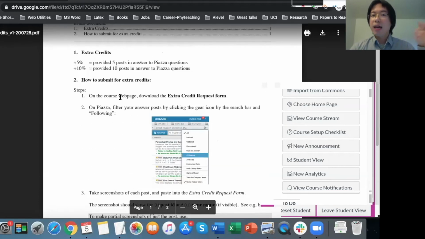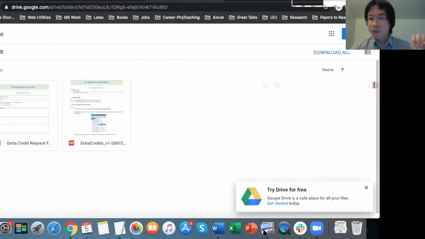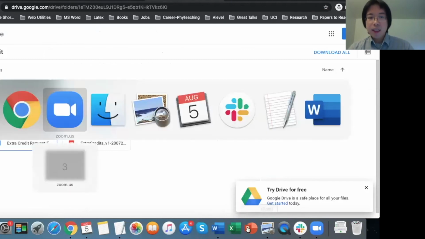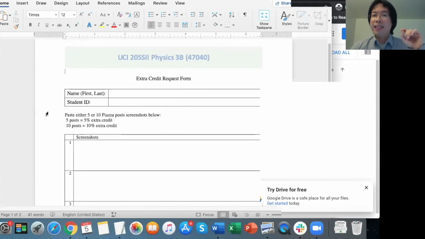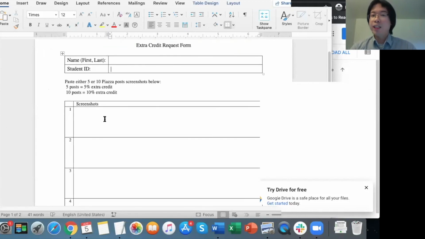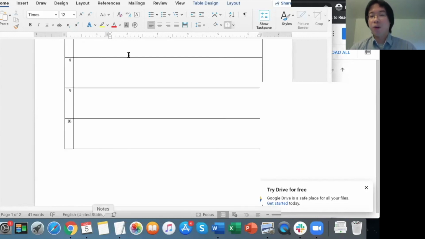Step number 1, go to the assignment, click the request form. I have it pre-opened over here just to save the time of launching the Word document. You will get this Word document, then just fill in your first name, last name, and put in the screenshots of whether you're requesting 5 or 10. You don't have to put in more than 10.